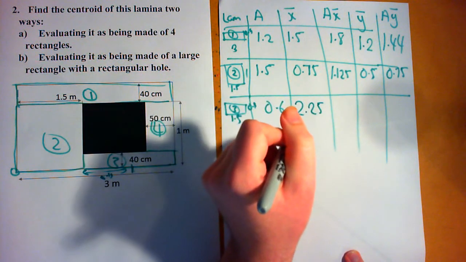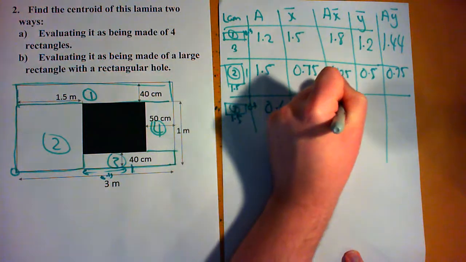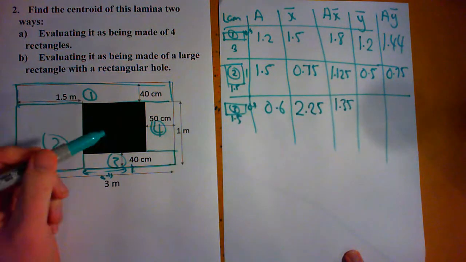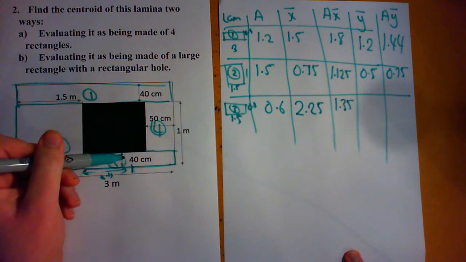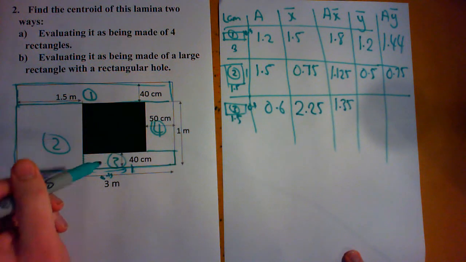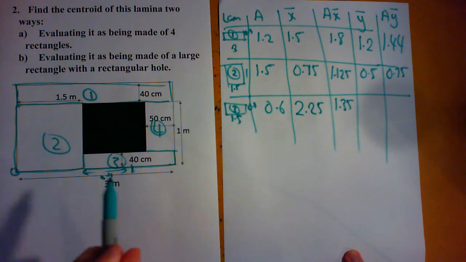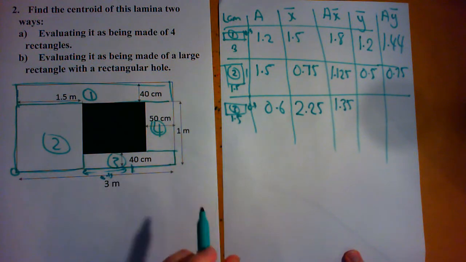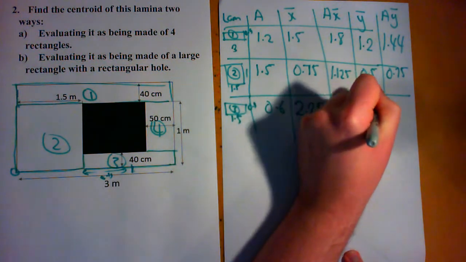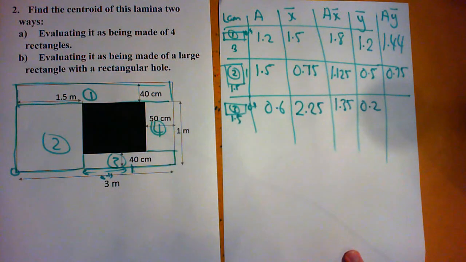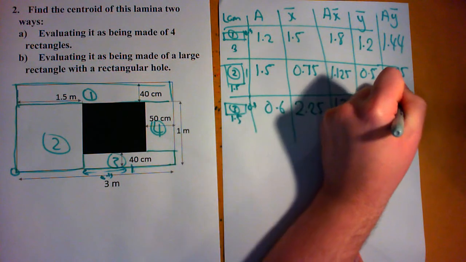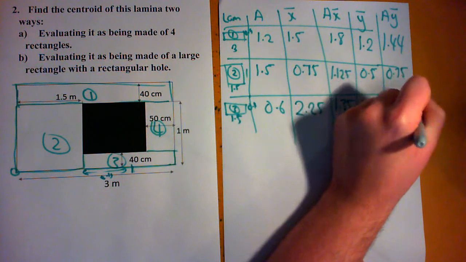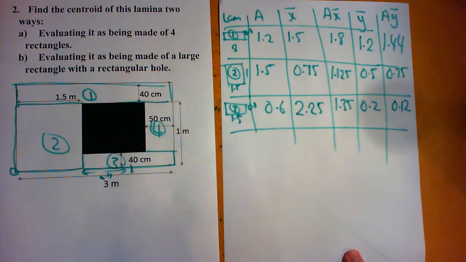And we've got 0.6 times 2.25 is 1.35. So this is 40 centimetres high. Half of that is 0.2. We don't need to add anything to that 0.2 because this is along the bottom of the shape, and A times y-bar here is 0.6 times 0.2 is 0.12. So that was rectangle 3.